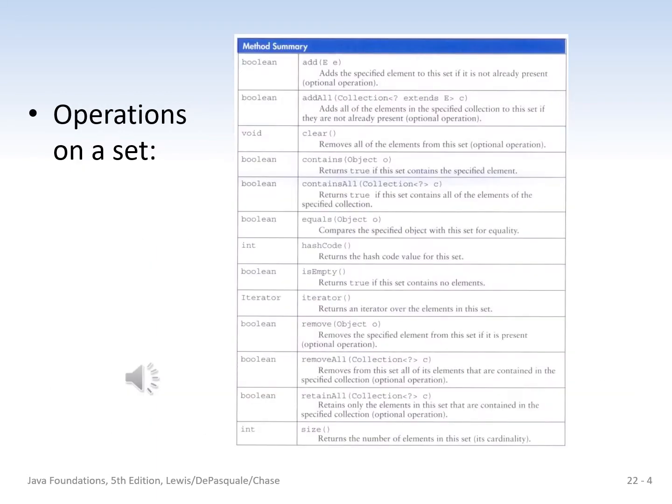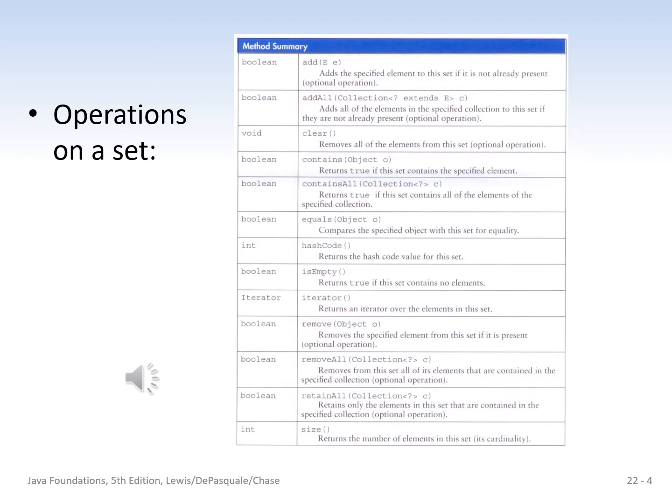There are several operations that can be performed on a set. In this slide, we have a summary of the methods that we'll be implementing and using. I'm not going to read all of them to you, but we could pick a few. isEmpty. Hey, that looks familiar.